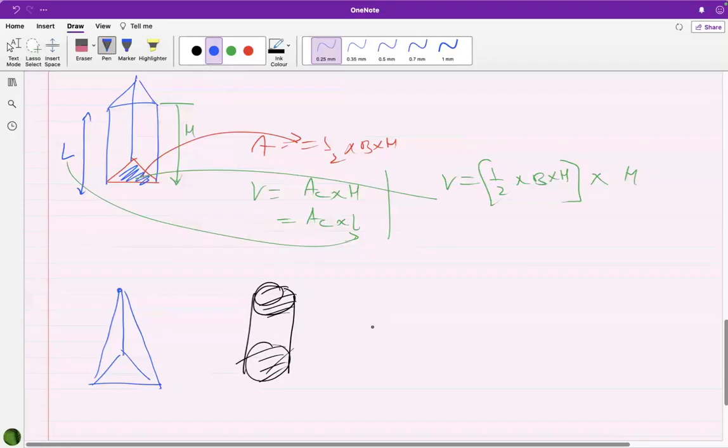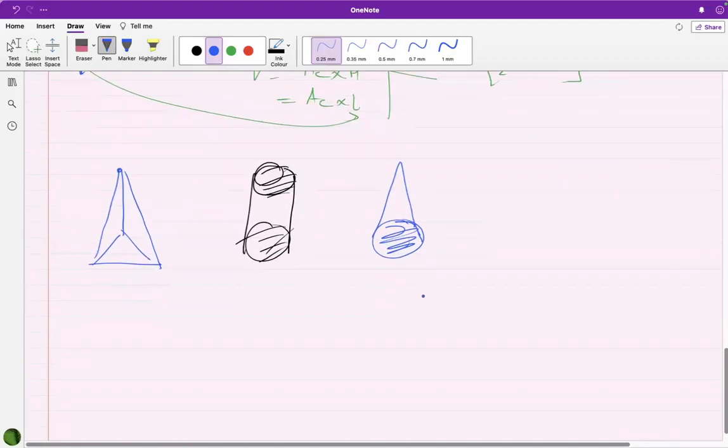But if we talk about a cone, a birthday cap, that is the circle at the base but changes at the top. Still, what do we have for volume? Cross-sectional area, 1 by 2 base into height for triangle, into this height and overall divided by 3.